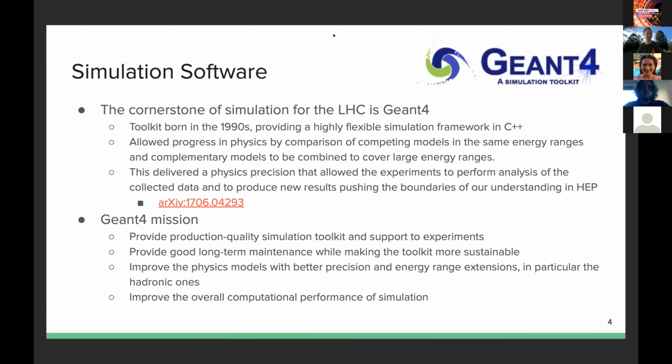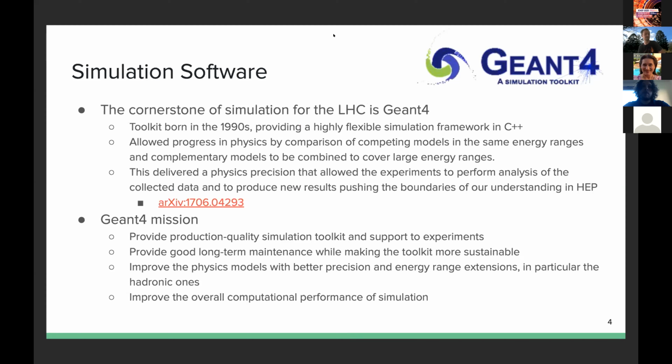Okay, so turning to simulation software, of course, the cornerstone of simulation for the LHC is Geant4. And this was a toolkit which was born in the late 1990s, and it provides a highly flexible framework written in C++. And I think it's been a huge success for the LHC. It allowed progress in physics by allowing us to compare different, competing models in the same energy ranges, and allowed complementary models to be combined so that we were able to cover very large energy ranges.